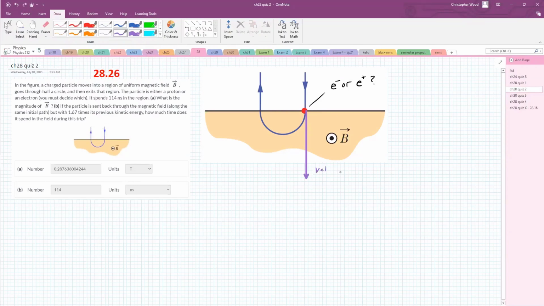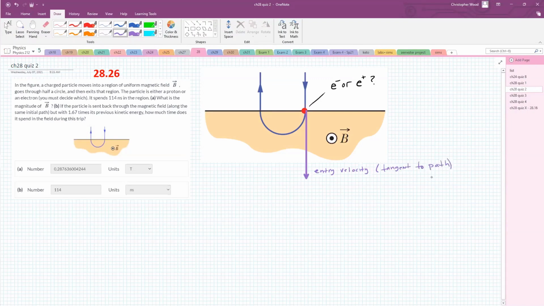This is the entry velocity of this proton or electron, and you can see it's tangent to the path.